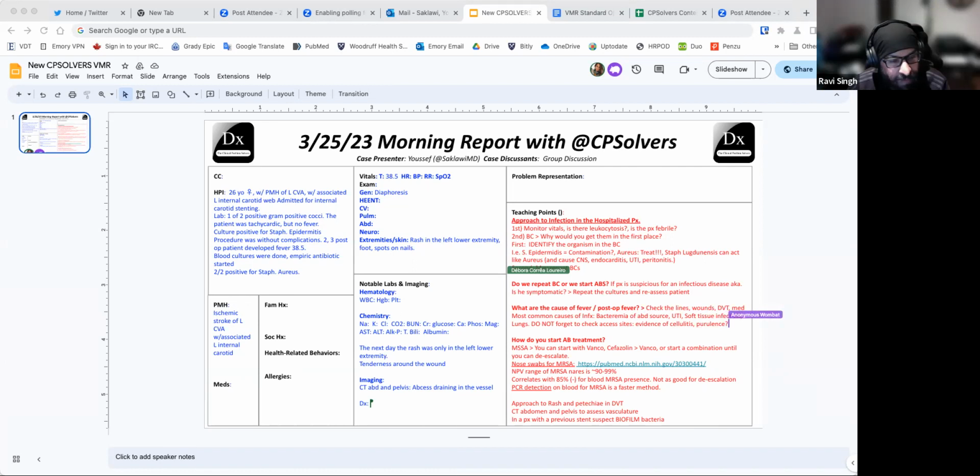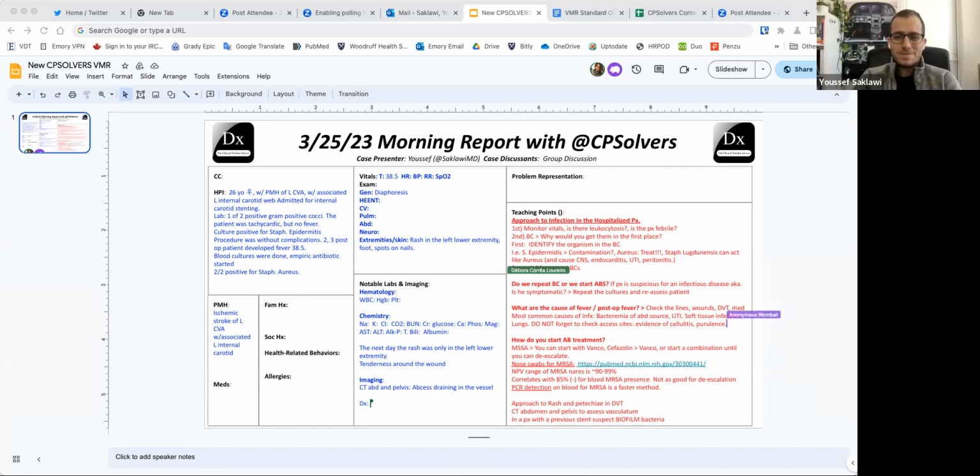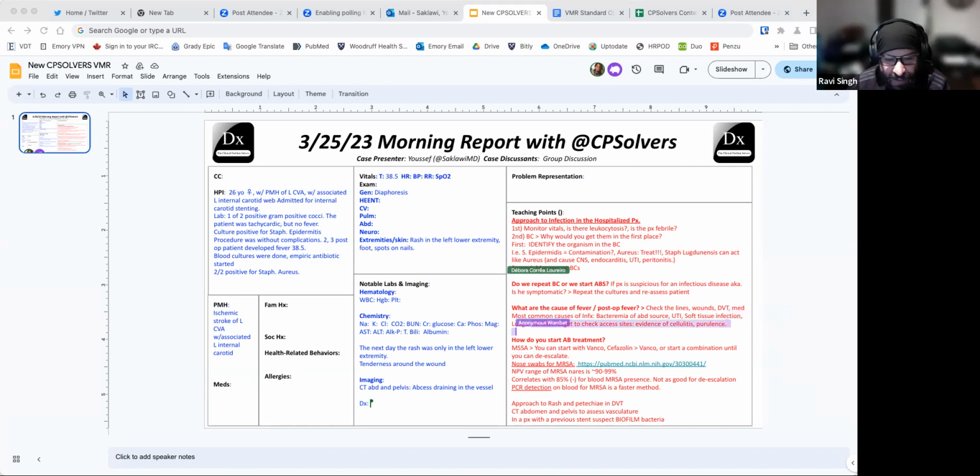Oh, sorry, go ahead. No, please go ahead. I was just saying, I get consults for things like this, and for a post-operative complication, you have to trace it back to the procedure itself, like you mentioned. So what happened? What were the circumstances surrounding the procedure? What kind of procedure was it?